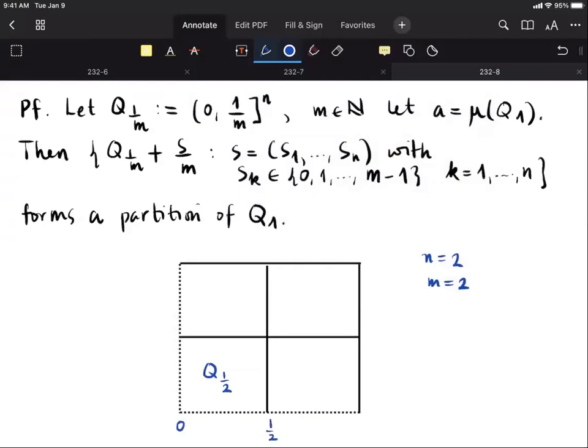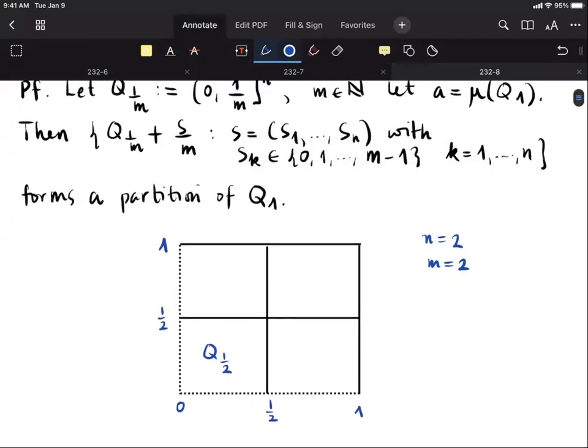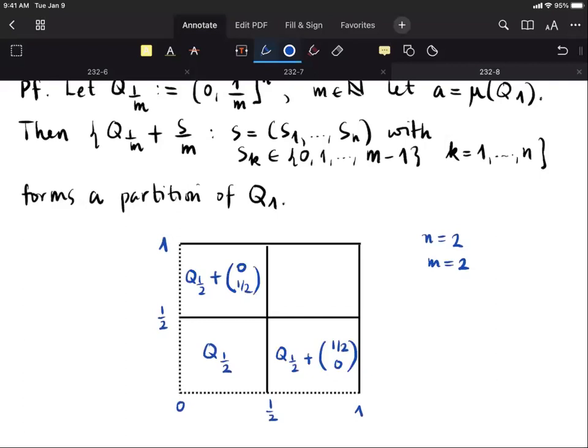And here are the coordinates. So if we take s to be 0, 0, that would be Q sub 1/2. This would be Q sub 1/2 plus, let's say, (1/2, 0). So you translate it by this vector, and this would be Q sub 1/2 plus (0, 1/2). And this is Q sub 1/2 plus this vector (1/2, 1/2).